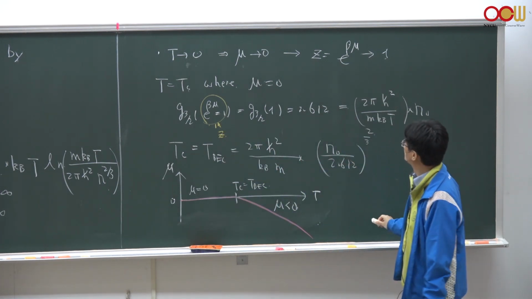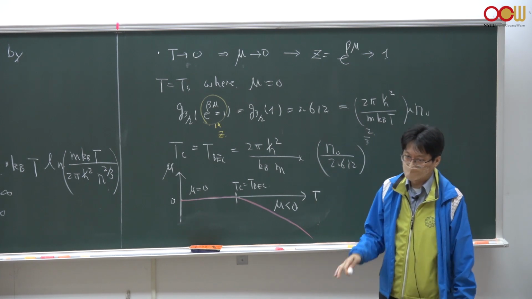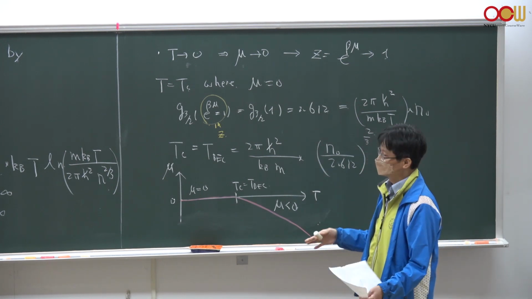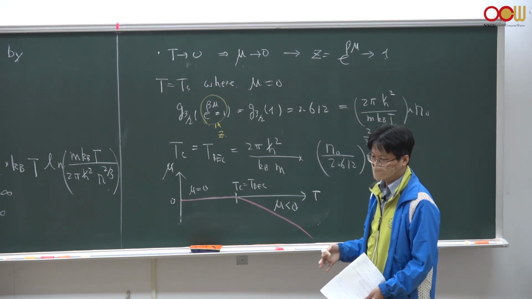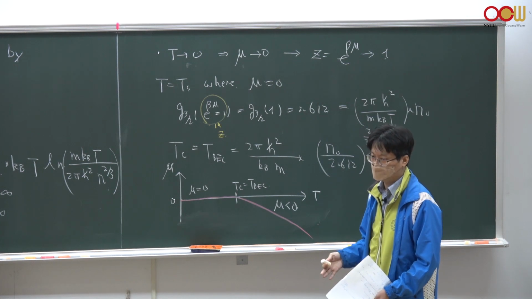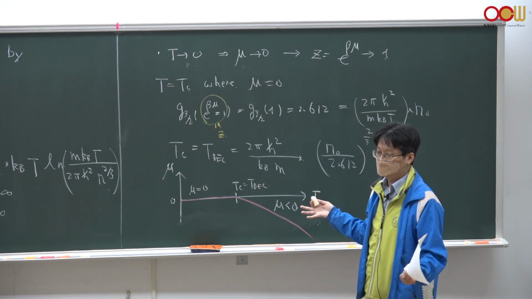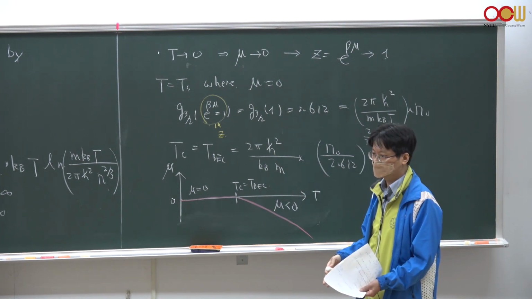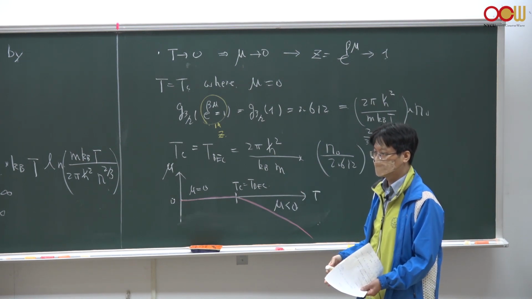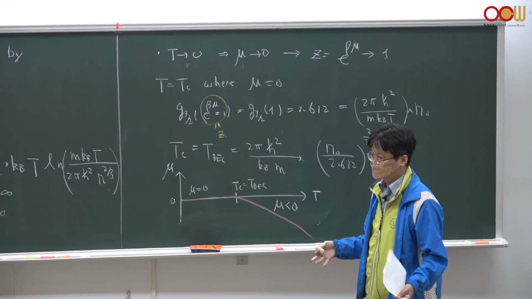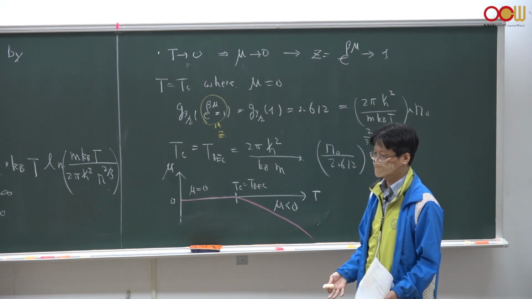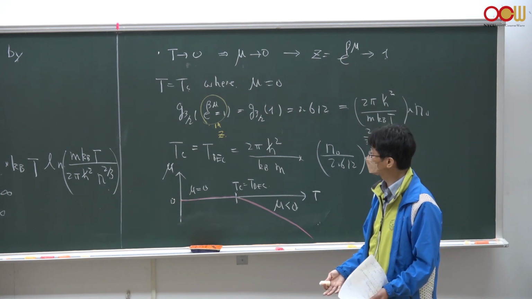In this limit, because we already learned that the BEC phenomenon occurs at very, very low temperature near the ground state, and because bosons can occupy the same ground state with no restriction, the chemical potential must vanish there, right?